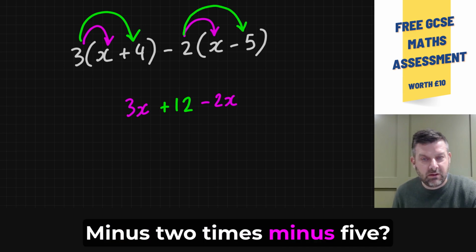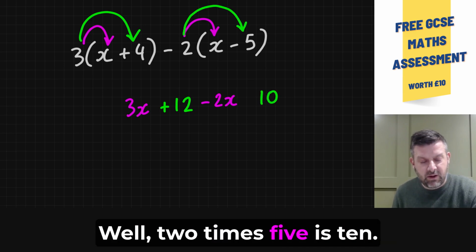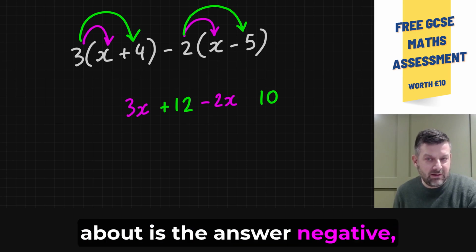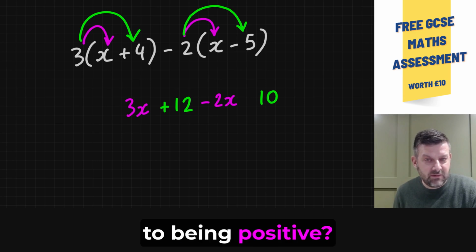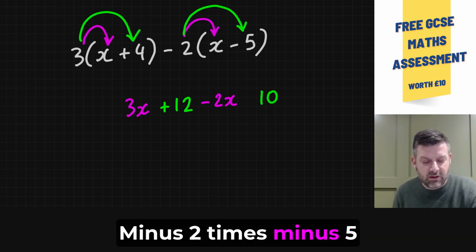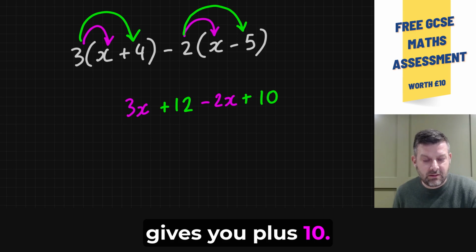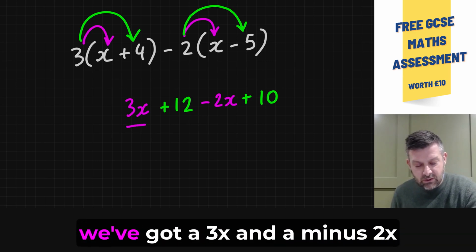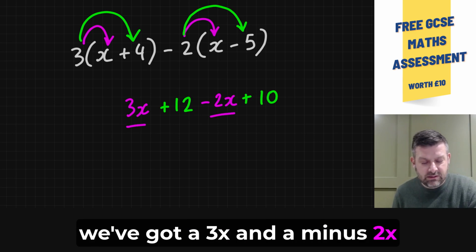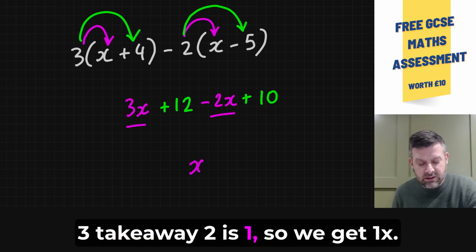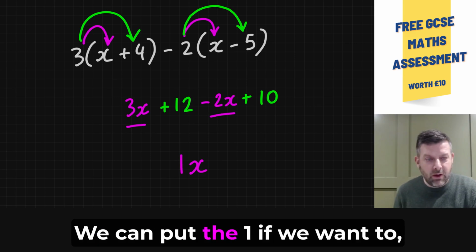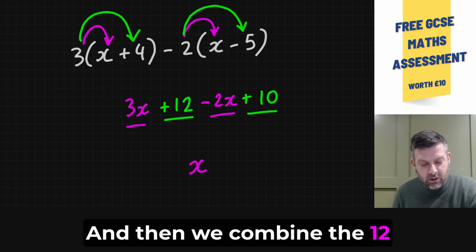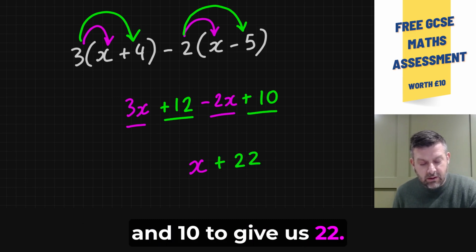Minus 2 times minus 5. Well, 2 times 5 is 10. Just put the 10 and then think about, is the answer negative or have we gone back to being positive? Minus 2 times minus 5 gives you plus 10. So we did go back to being positive. And then to combine the x's, we've got a 3x and a minus 2x. 3 take away 2 is 1, so we get 1x. We can put the 1 if we want to, but it's not needed. And then we combine the 12 and 10 to give us 22.